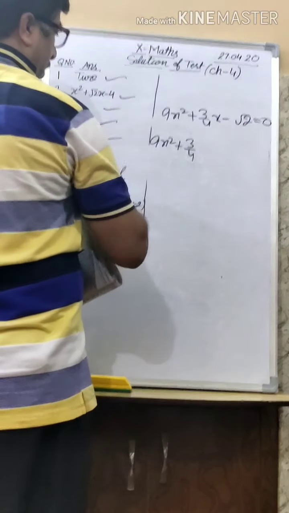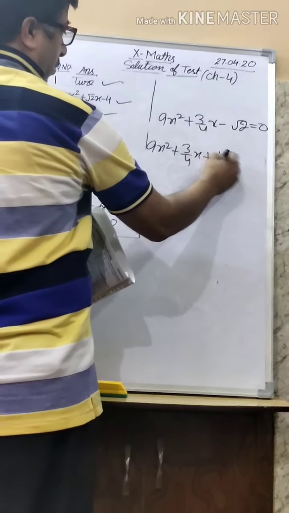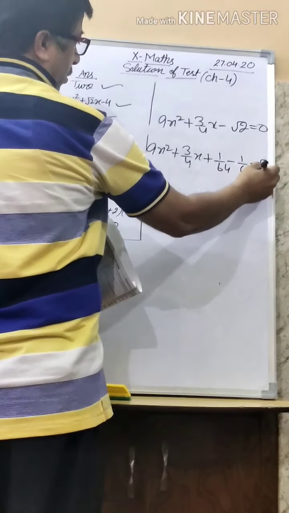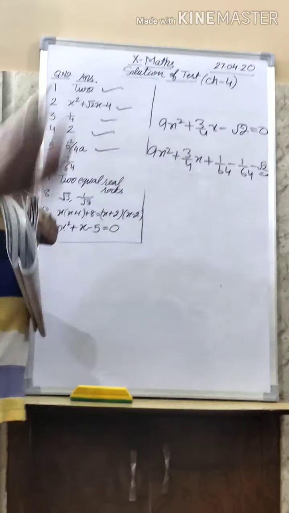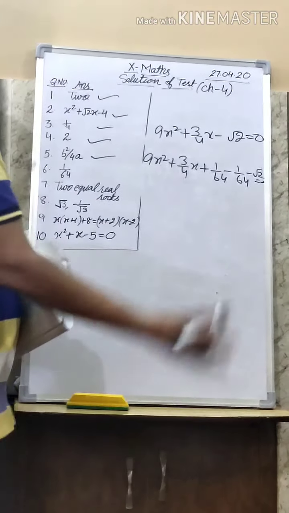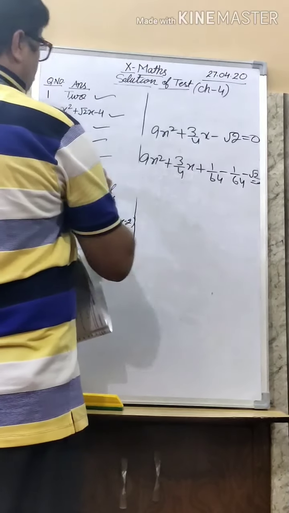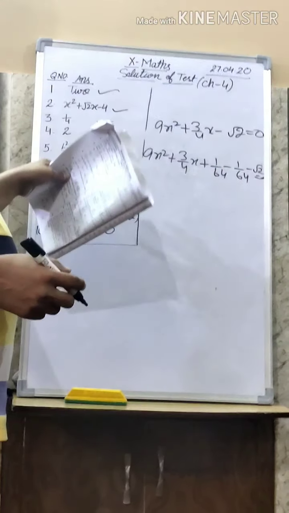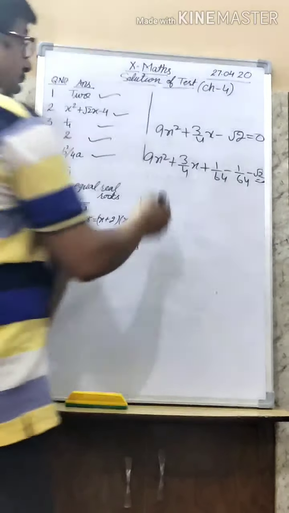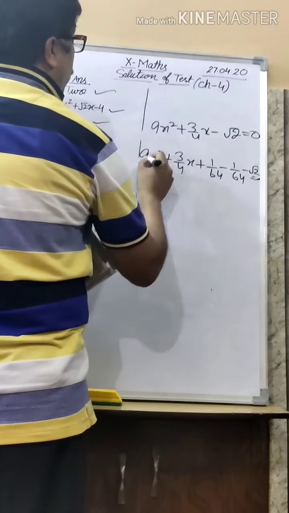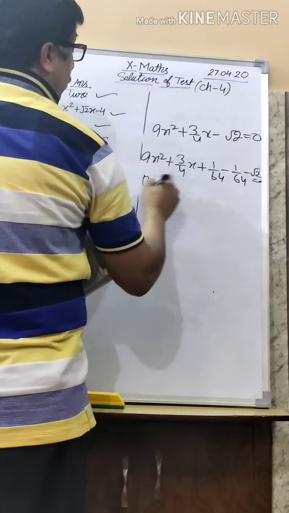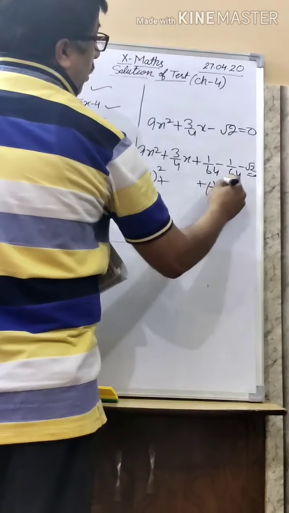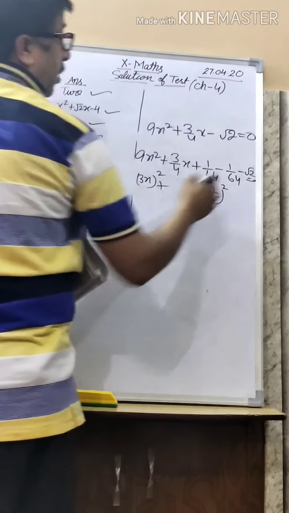If you see the answer, say 1 by 64, I am taking 1 by 64 must be added and subtracted. Then it will become a whole square. No problem. I am taking 1 by 64. You see, the answer is 1 by 64. You can take any of the other three options also. Then you check. When you see 9x square, it is (3x) whole square. 1 by 64 is (1 by 8) square.